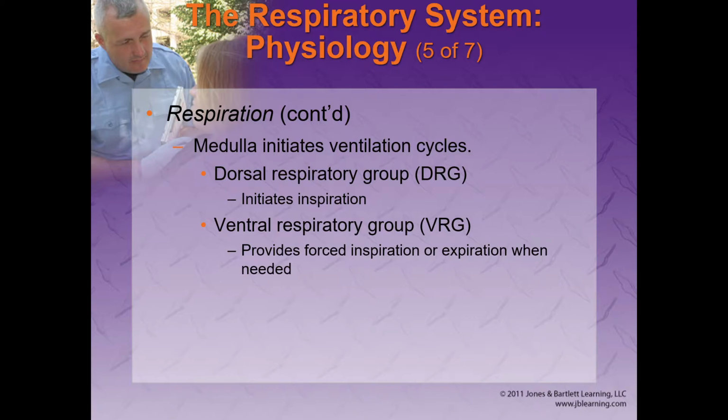This actually initiates respiration and then sets your respiratory pattern. There's several different patterns of respiration that we'll learn about later. You then have your ventral respiratory group, which provides for forced inspiration and expiration as needed. You're going to bring more muscle groups into this.